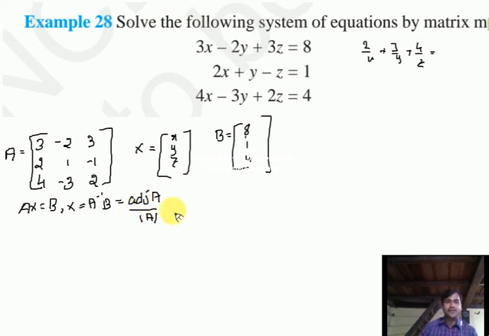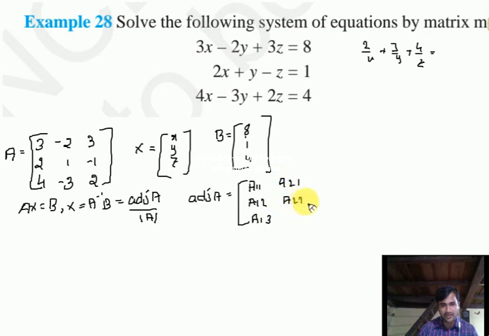Then how to find adjoint of that matrix? Adjoint of the given matrix is given by adjoint of A is equals to A11. You need to write A12 in this position. This is very important. A13, A21, A22, A23, A31, A32, A33.